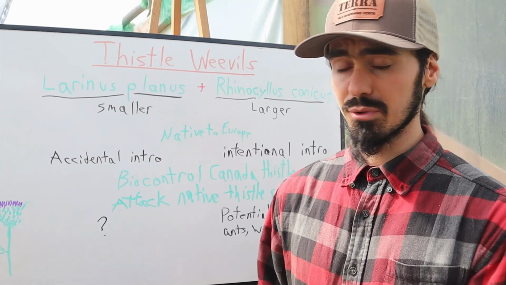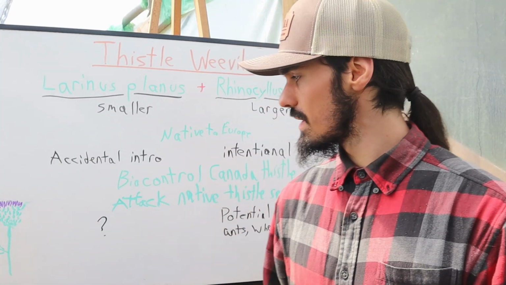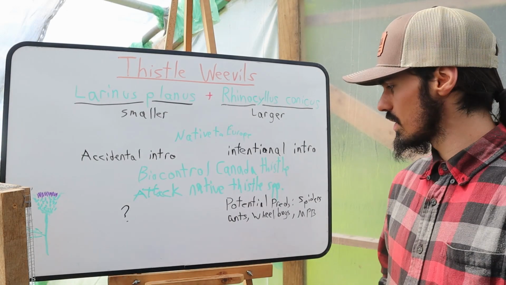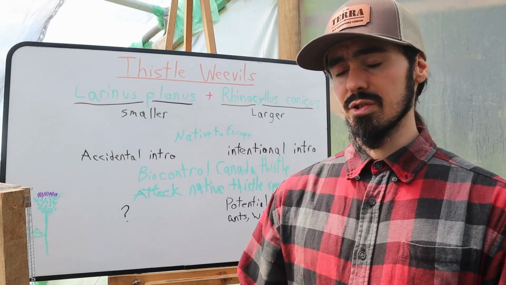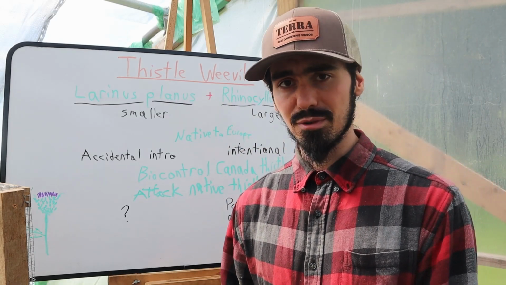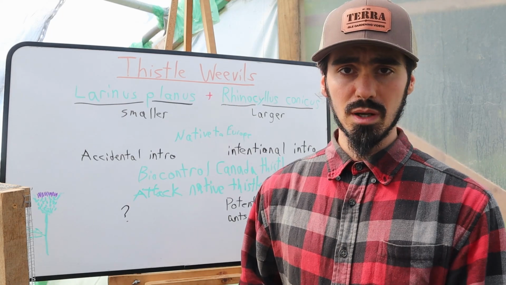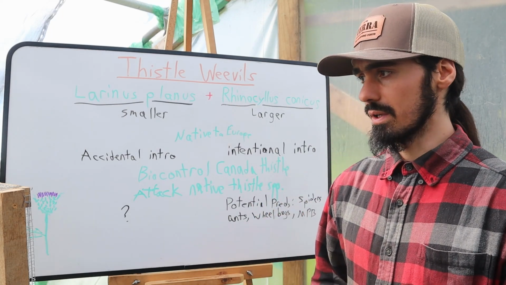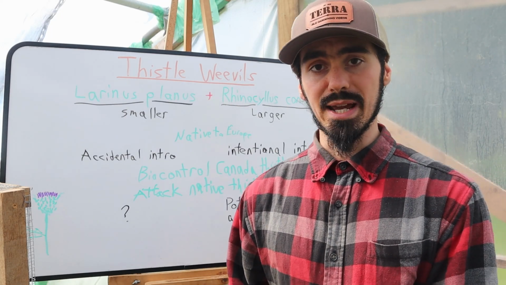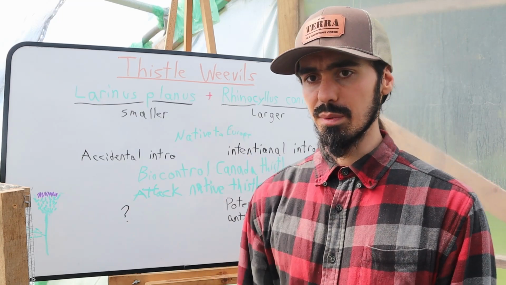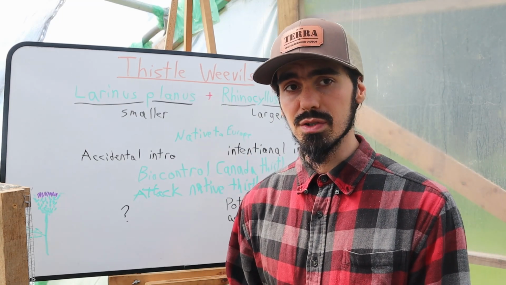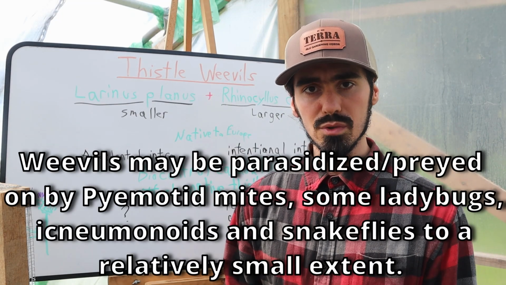Some generalist predators may be options. We might have some spiders that could potentially go after them, minute pirate bugs, true bugs such as assassin bugs or wheel bugs, or even some other insects such as ants may especially go after some of the younger stages of these weevils, right?